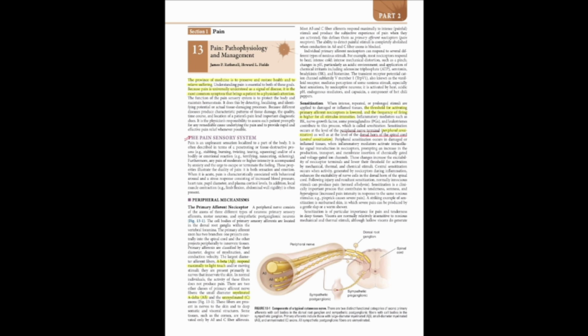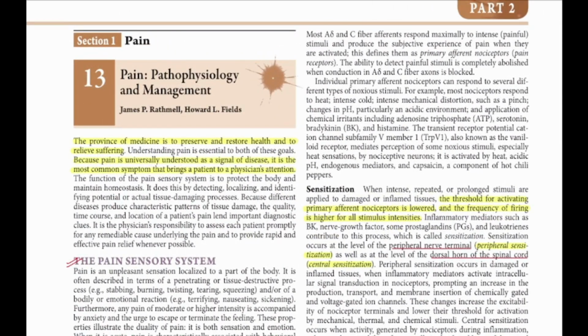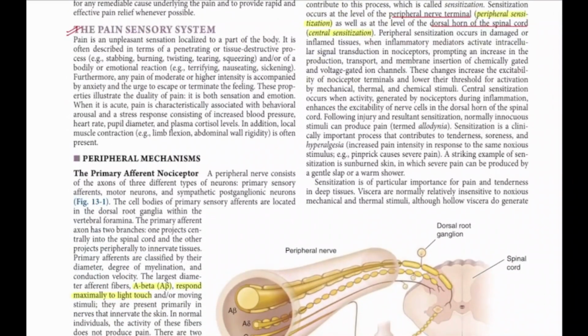As far as the first unit and first chapter of the first unit is concerned, the chapter is Pain: Pathophysiology and Management. This is a chapter on pain, the sensory system, the peripheral mechanisms, and pain modulation, and how to treat acute or chronic pain.